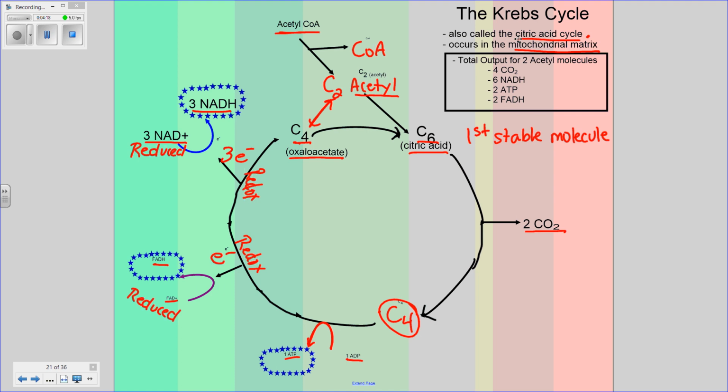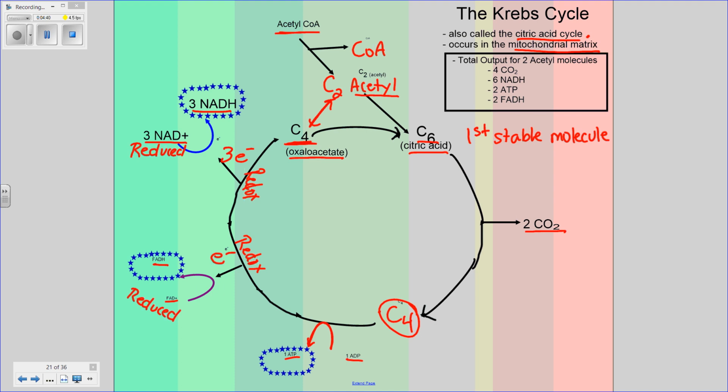Now, even though there's actually a lot more steps to this process, a lot of different names, these are the major ones. Time we've run through this entire thing, we have regenerated our C4 oxaloacetate. This can go ahead and do the process over and over and over because we keep regenerating it. It's never used up.